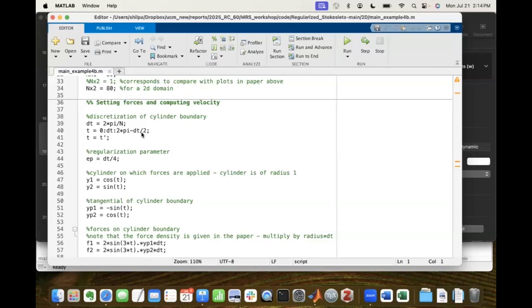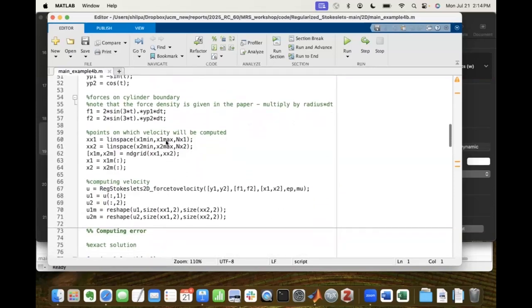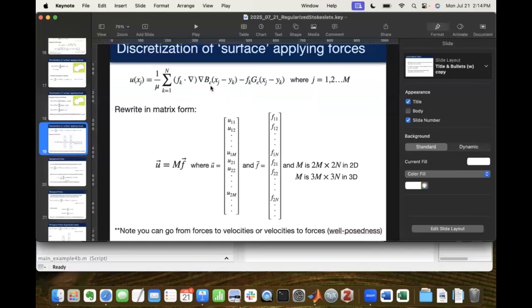And then I need the tangent of my cylinder boundary, so I can compute the force that I'm applying. Remember that in my formulas here, things were forces and not force densities.